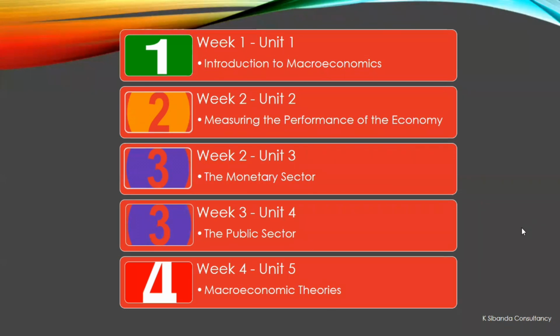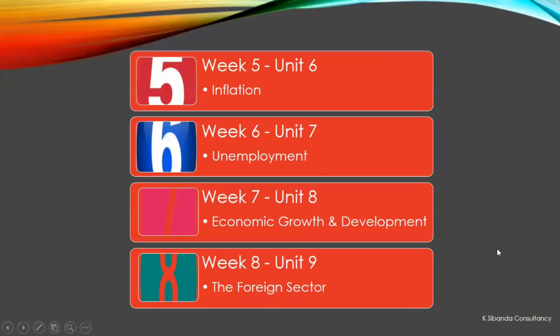Then we are going to move to unit 5, where we talk about inflation, a very short and straight to the point chapter, which tells us what inflation is, what the causes and types are, what government can do to combat inflation, and some of the effects of inflation.